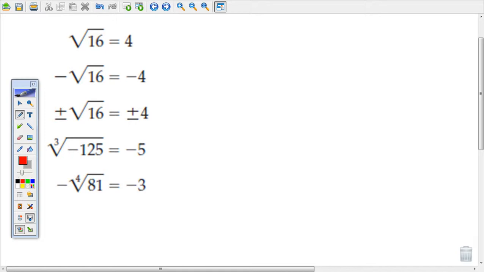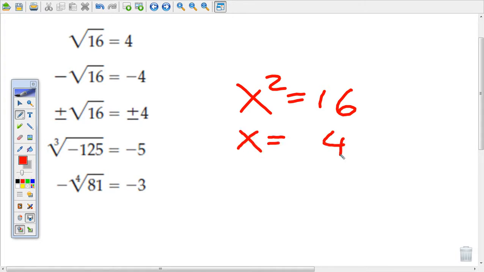So remember, if you're solving an equation and it says x squared equals 16, what's the answer? Don't just say 4, because that's a lie. It's positive and negative, so there are actually 2 answers. That's in the context of solving an equation. But if I'm not in the context of solving a quadratic equation, I don't have to get two answers.